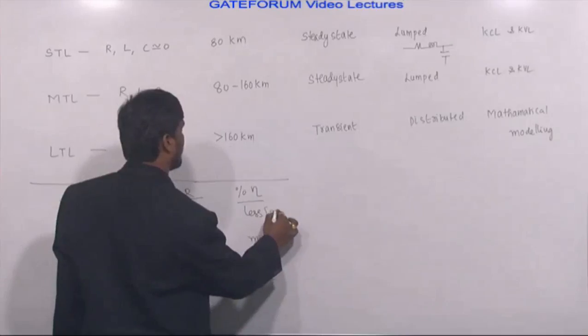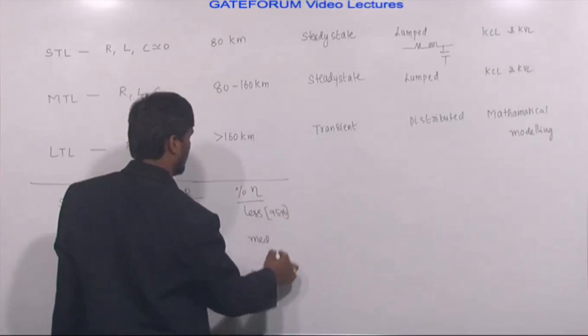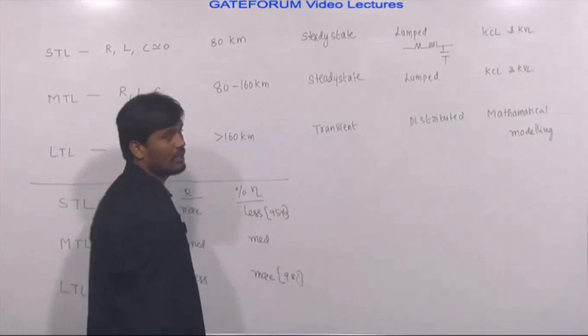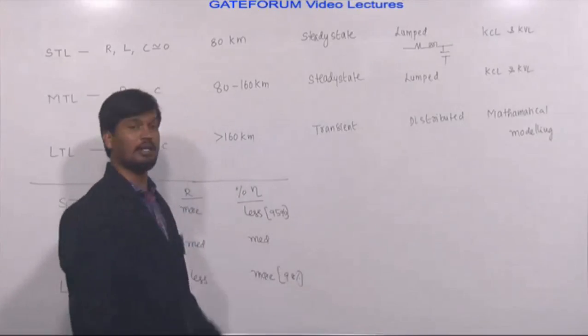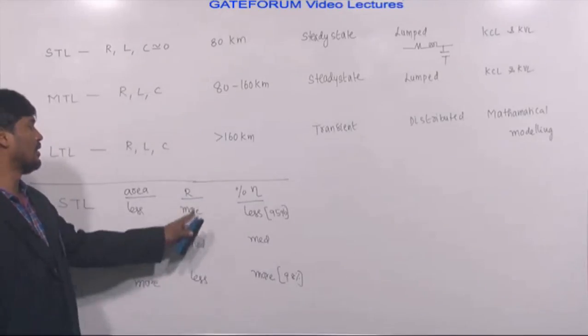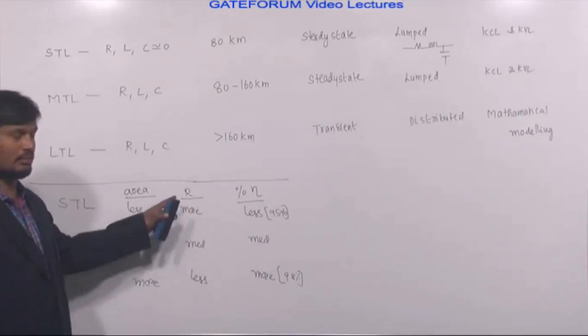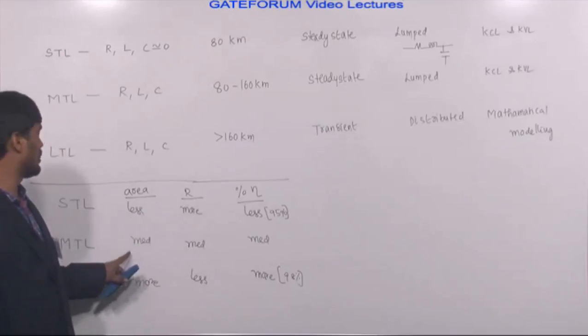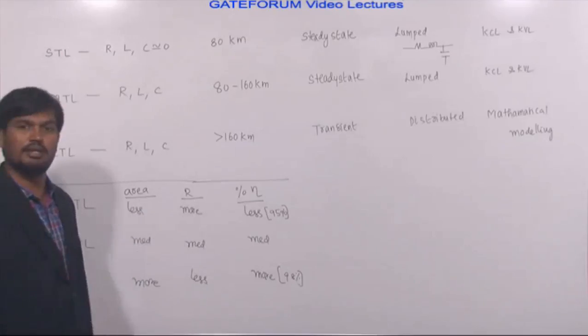That's why it is 95% and 98%. Medium means more than 95, less than 98. That is the reason why I told you in the beginning that transmission line efficiency is 95 to 98%. The reason is that different sizes of conductors are there. Short transmission line, less area of cross section. Long transmission line, more area of cross section. Medium line is medium.